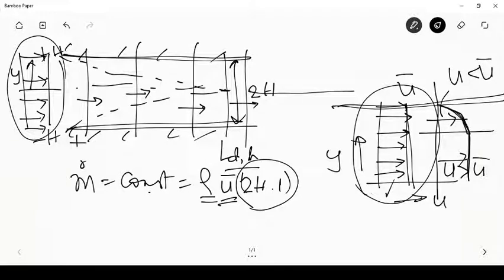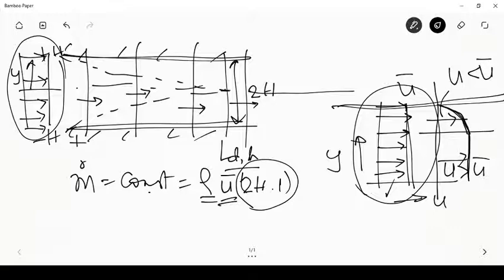So this is something that naturally follows logically: if in a parallel plate channel the average velocity remains constant and near the boundaries the velocity is decreased, then in between, away from the boundaries, the velocity should increase so that the mean velocity remains at u bar. So this is the understanding that we get from here.